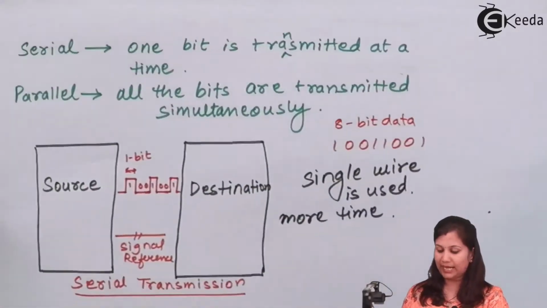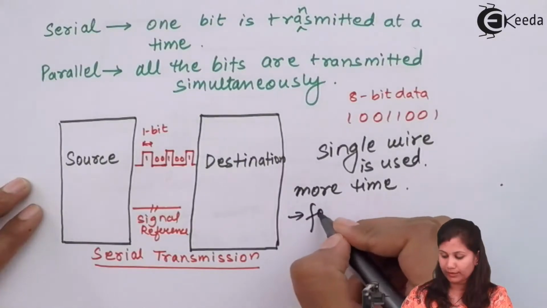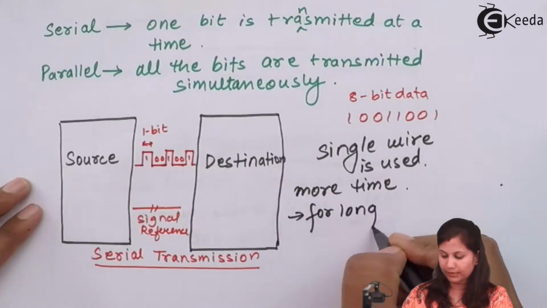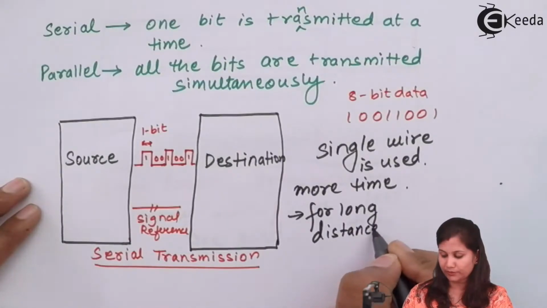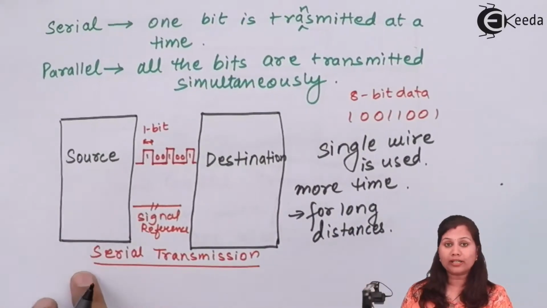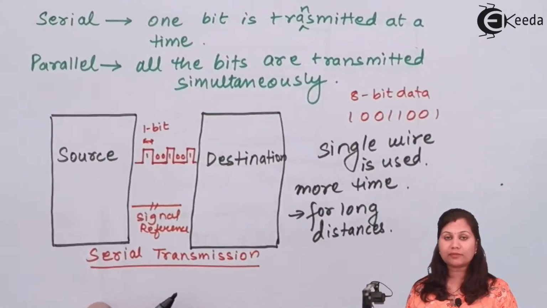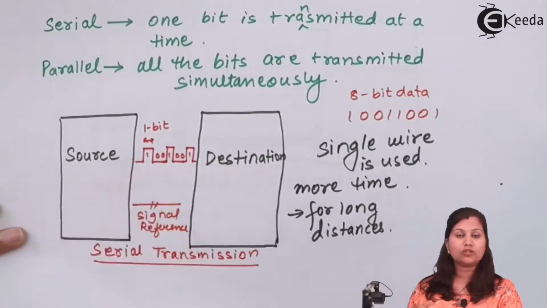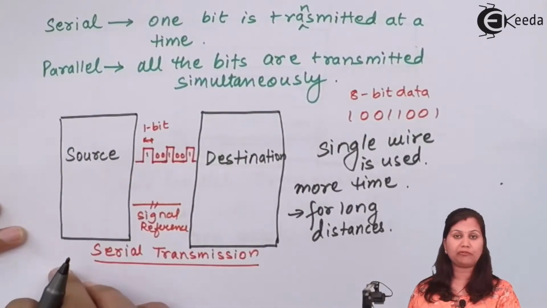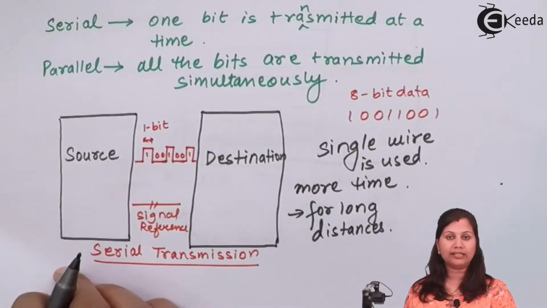So we can say that for long distances serial transmission is used. But for short distances, parallel transmission is used, because parallel transmission is faster than serial transmission. If we are transmitting 16 bits of data serially, one bit at a time, it will take a long time to transmit the data.